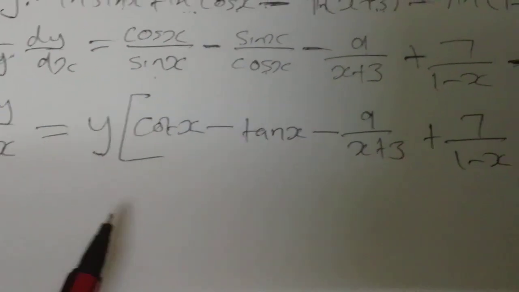You don't want this y in the equation, so what are you going to do? You go back to the original equation. We have been told y is this, so where there is y, we replace it with the original.